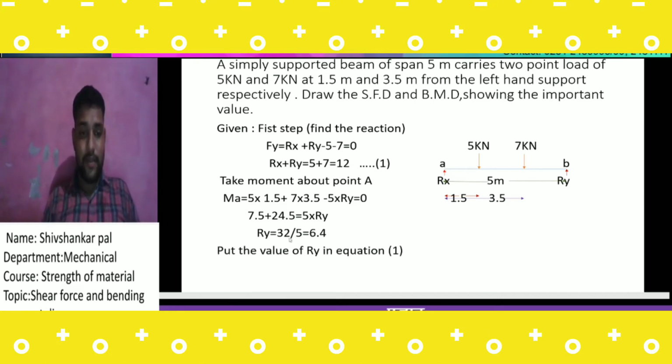Put the value of Ry in equation 1, so Rx is equal to 12 minus 6.4, which is 5.6.